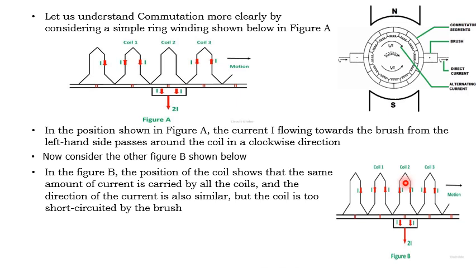So this coil 2 is short circuited with the brush, since in this coil also the current is flowing. Now here whatever the current coming is I, and here whatever the current coming is I, then the current out from the brush is 2 times I. Now these two figures are almost similar.